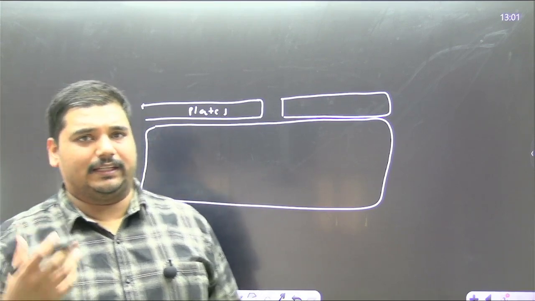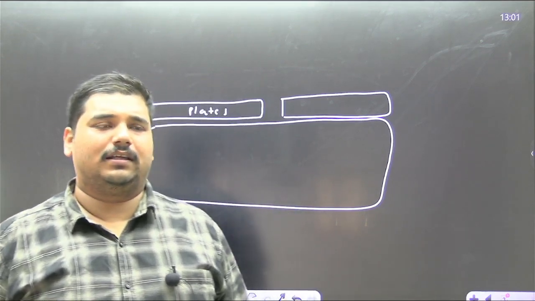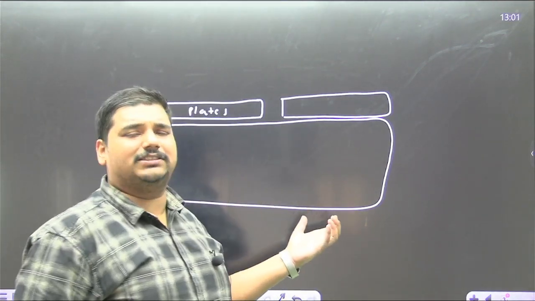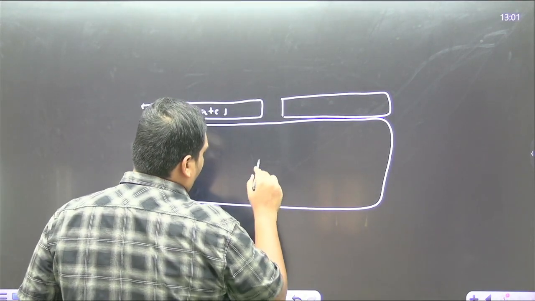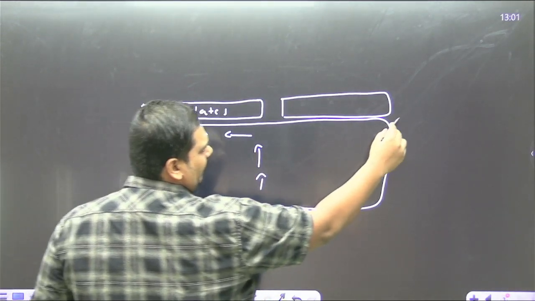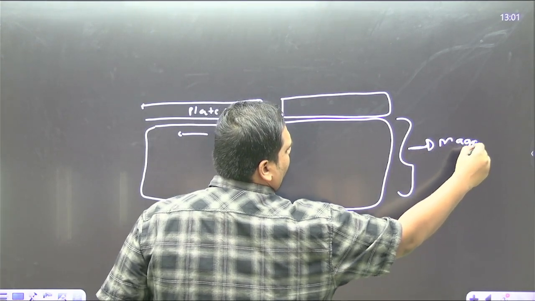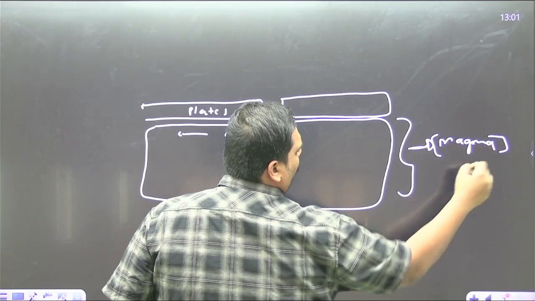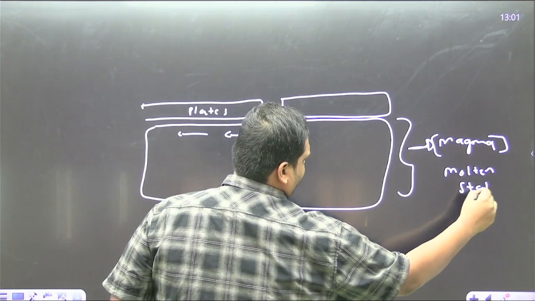Due to the nature of the core and the rotation of the earth, these convectional currents are born. They travel in such a manner. Now, this entire part is magma, which is in a molten state.